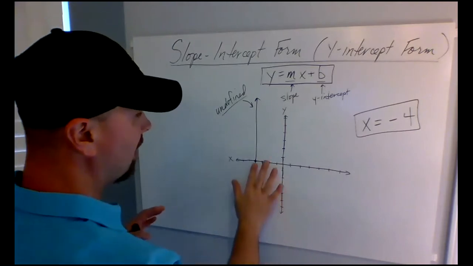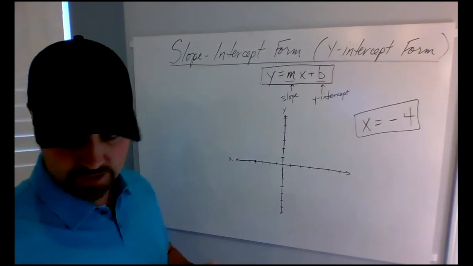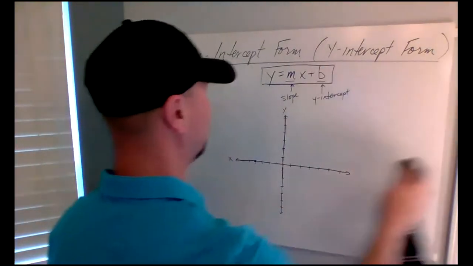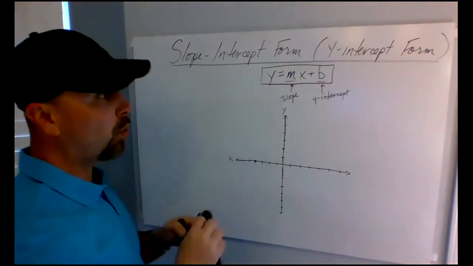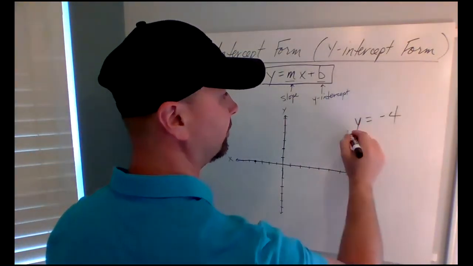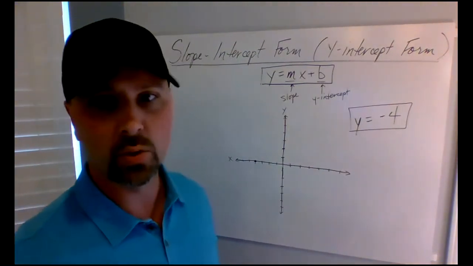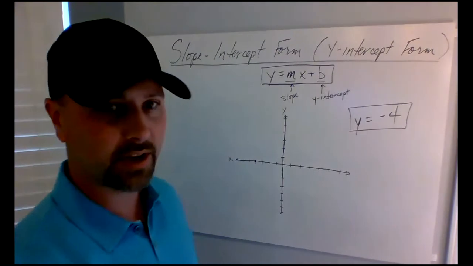All right, I looked on this sheet and I didn't really see the opposite. So let's think about what it would be if it was y equals -4. And we're still going to do the same thing. We're still going to go to y equals -4.